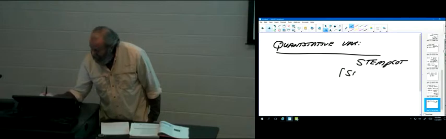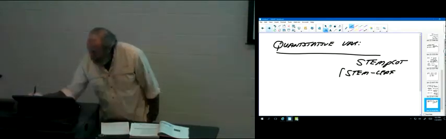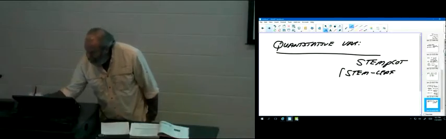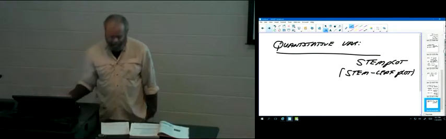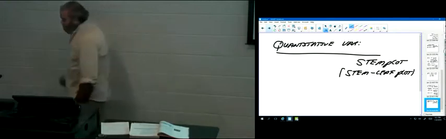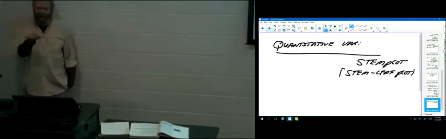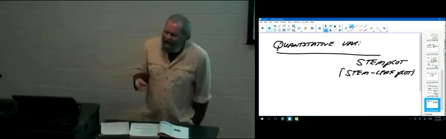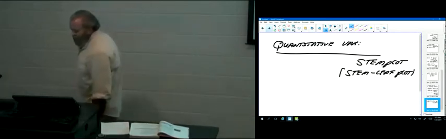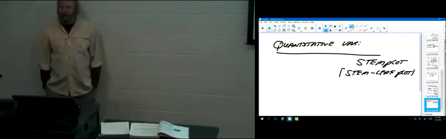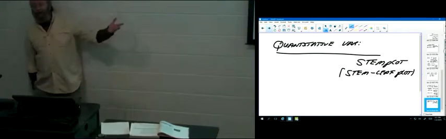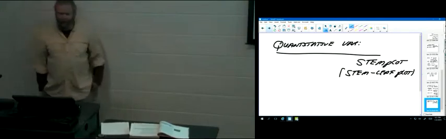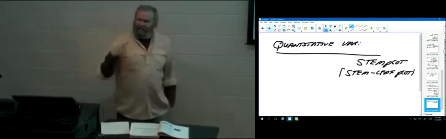Sometimes you'll see stem and leaf plot. I'm going to show you partially how you do it by hand. We're going to get the software to do it for us. But if I have to do it by hand, making a stem plot is even more work than, let's say, your histogram, because I have to touch every piece of data.